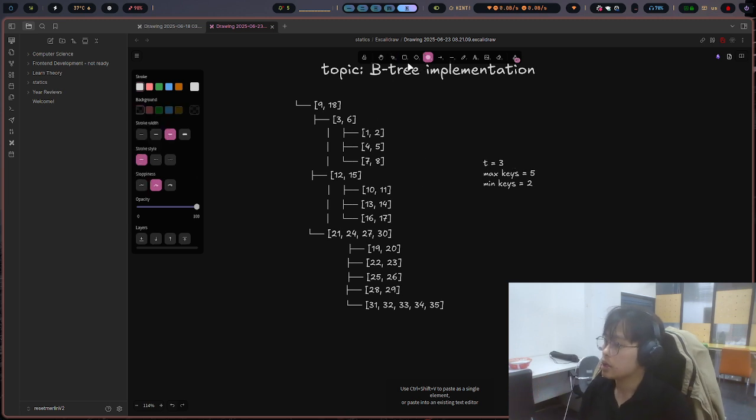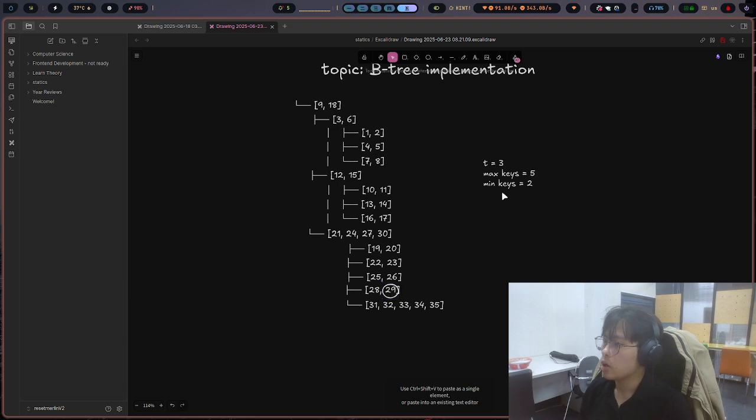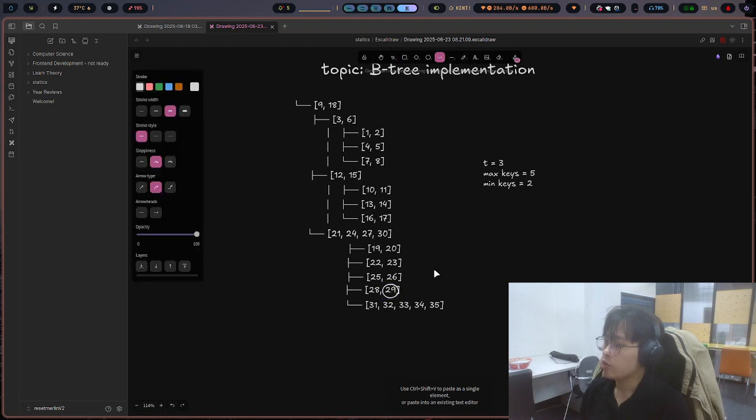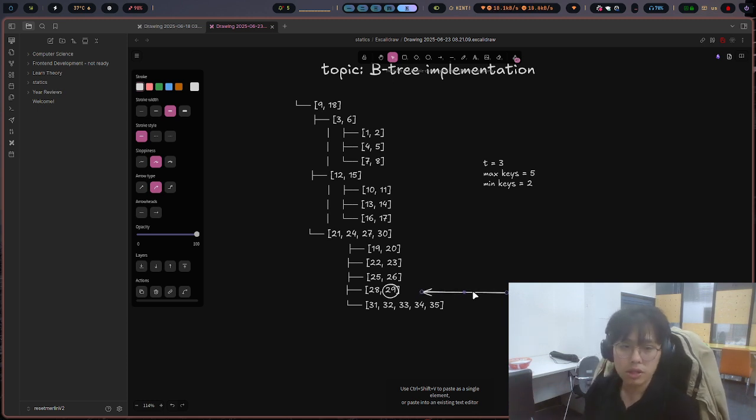Let's say your target node is 29, so you're trying to delete 29. This deletion causes underflow. Since your minimum key is 2, when you delete 29 you only have one key, so you cause underflow. To solve this issue, you borrow from siblings.